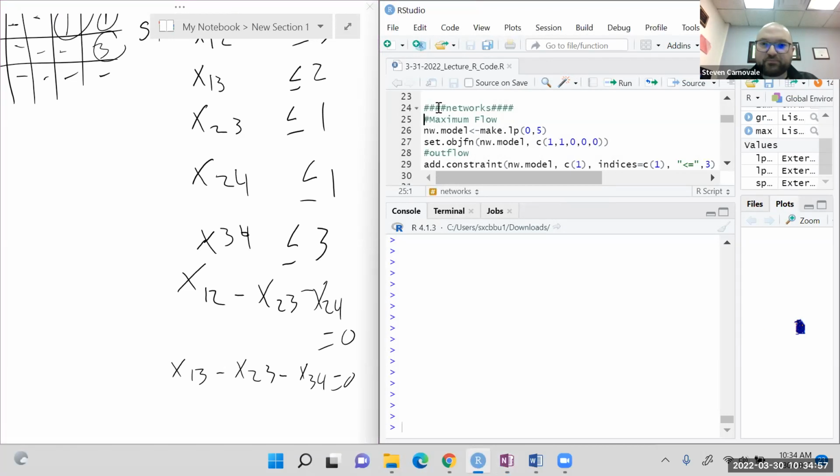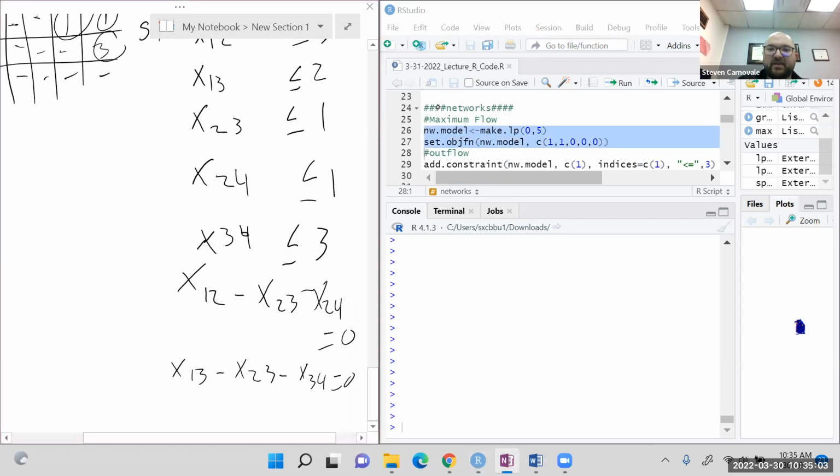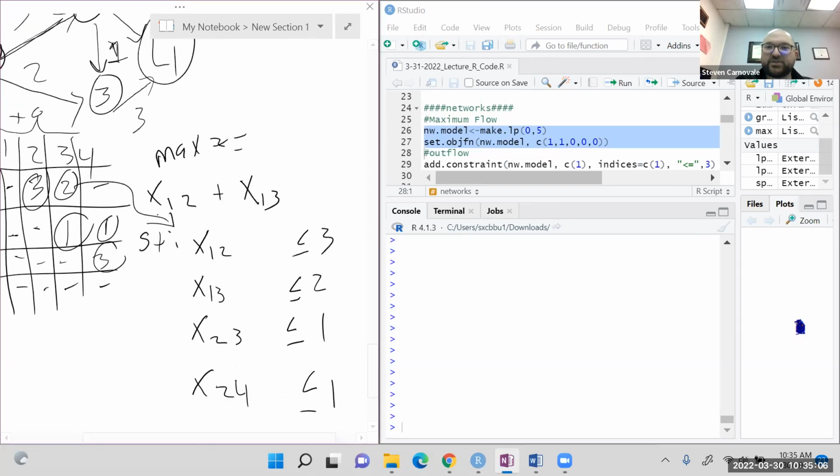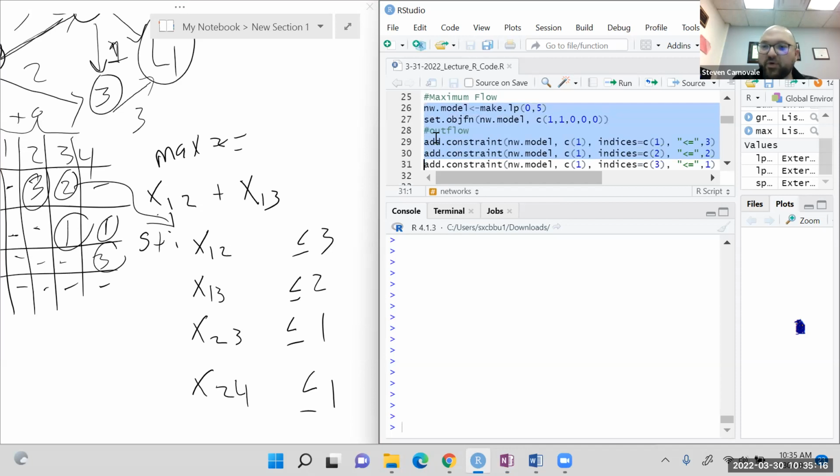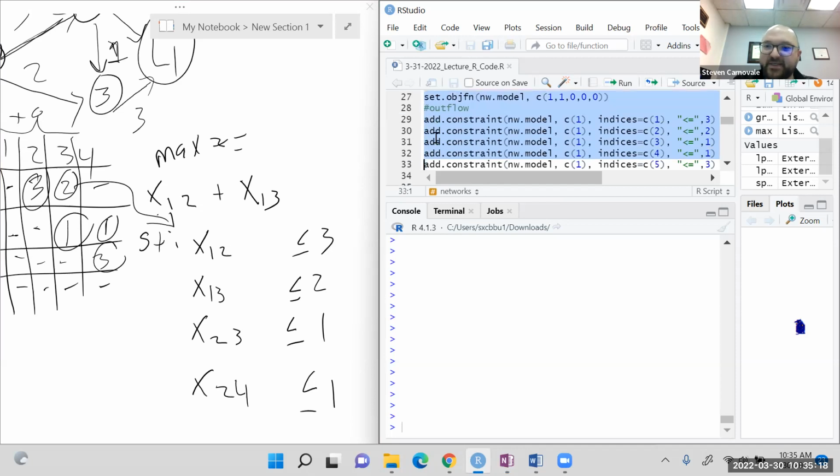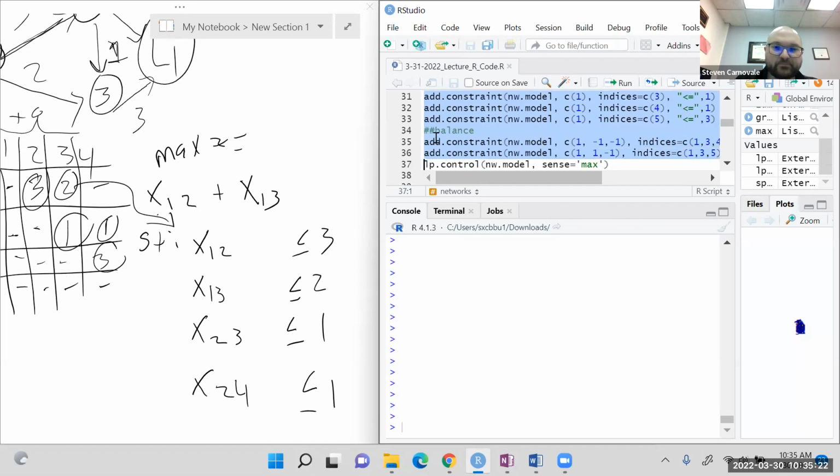Now here, I'm calling this a network model. I have 5 decision variables. My objective function, as you can see, is just one coefficient of 1 across each of the first 2. I have my outflow on the nodes. I'm corresponding my indices to the capacities, okay? I had my balance constraint right there.